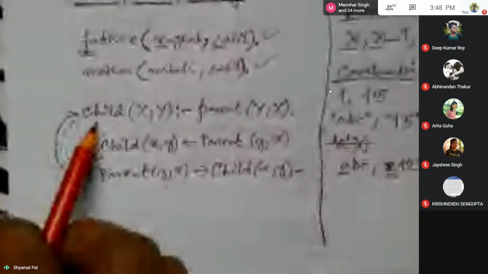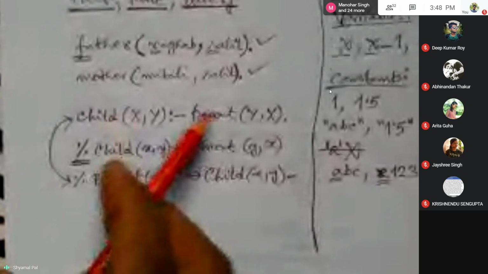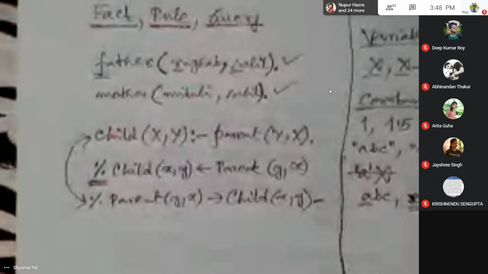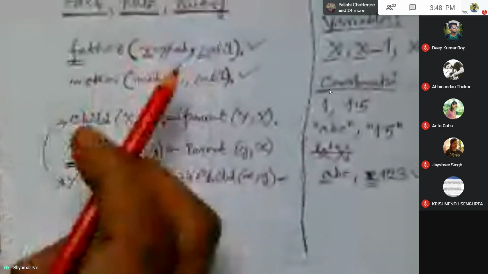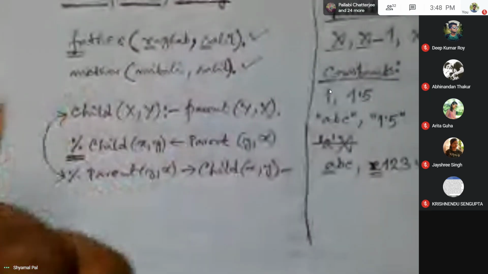Now, here in the rule, we are getting two predicate names, child and parent, but in fact, there is no child and parent fact. So it will never search for the details, that is, the data values given here. So I must write such a rule that the facts can be derived.